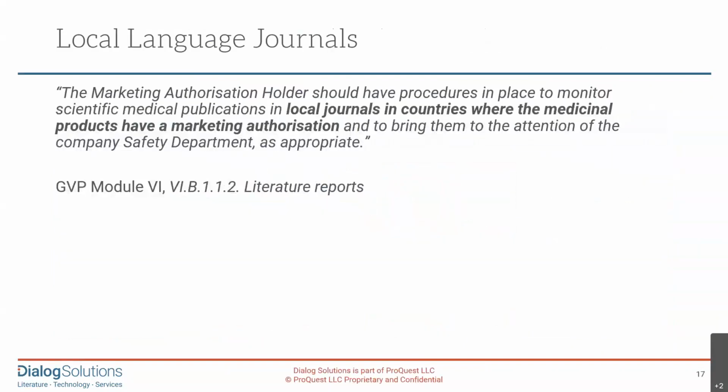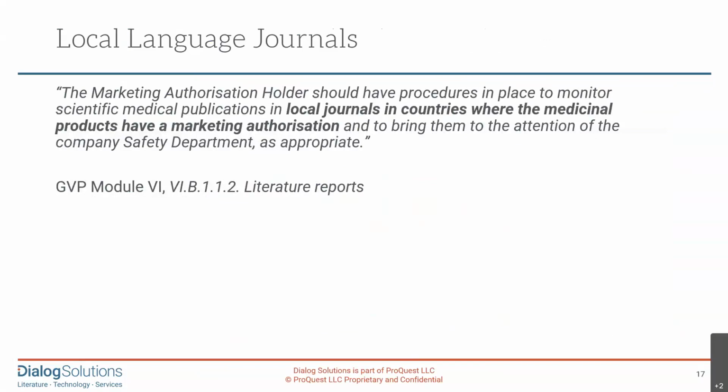One more thing, local language journals. Medline, Embase, all of the databases that I've mentioned so far tend to be global, but tend to have maybe a US bias or a European bias, and certainly don't cover some of the local journals that are relevant for patient safety information.